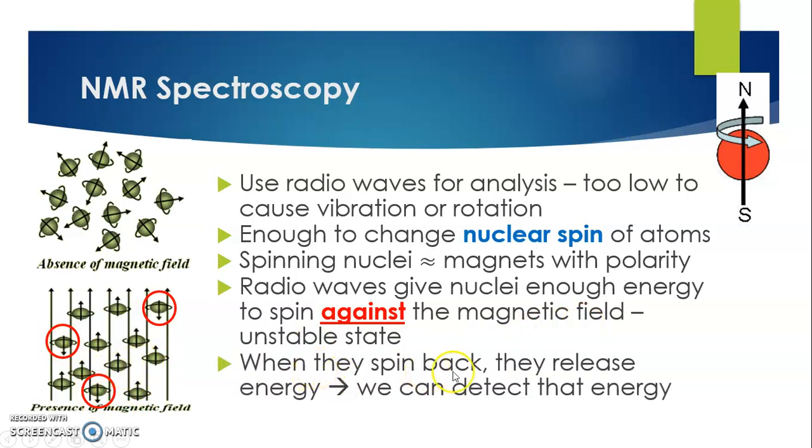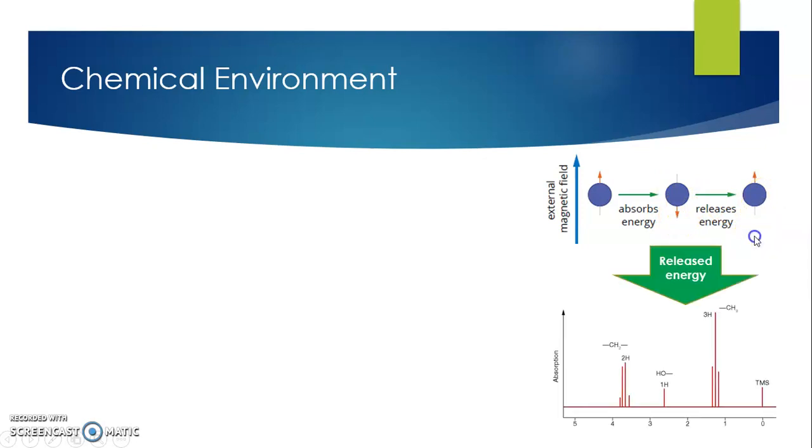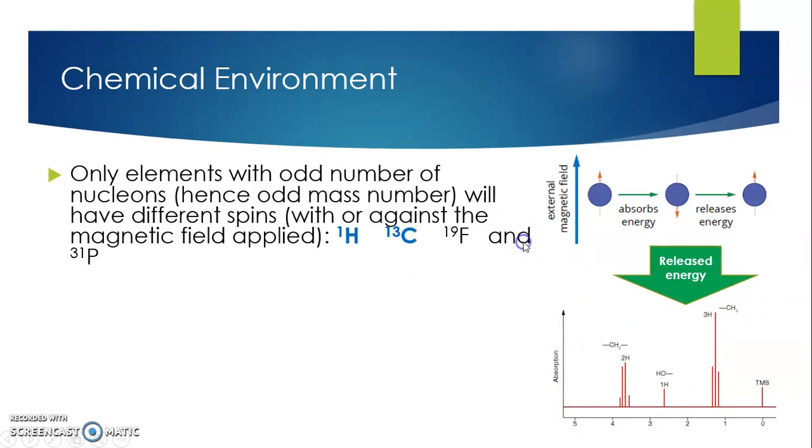And when they spin back, well, the high energy state is always an unstable state, so they will spin back. They will release the energy, and then we can detect that energy. So a spinning nucleus absorbs energy to spin against the field, and then when it releases the energy, we can harness that, detect it, and produce it on a spectrum.